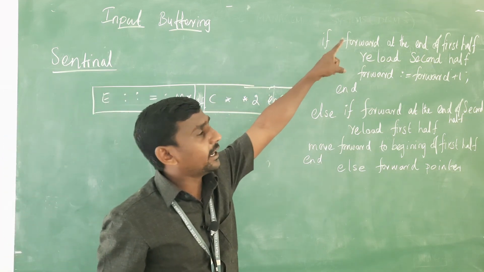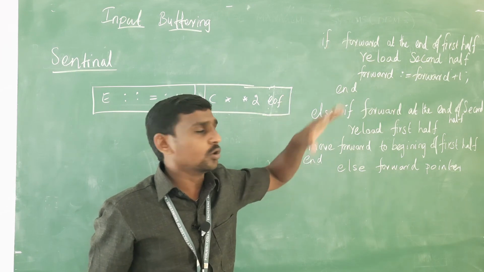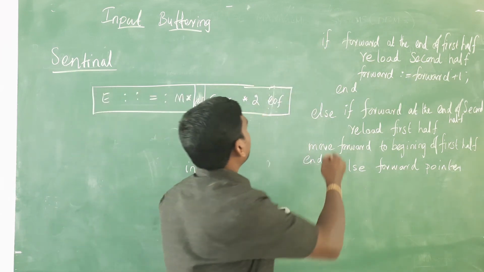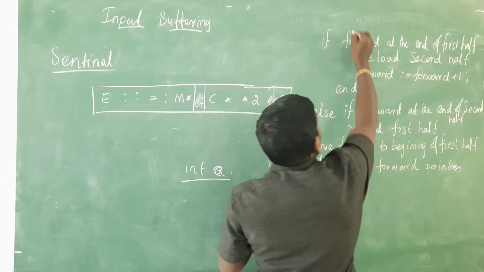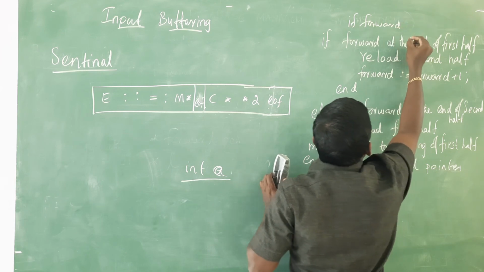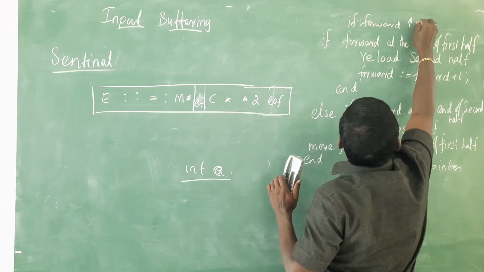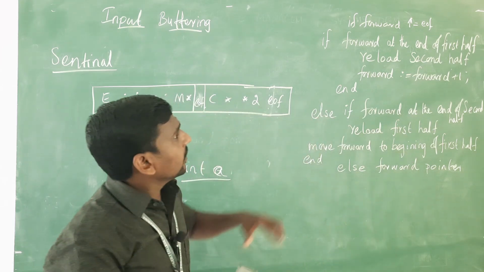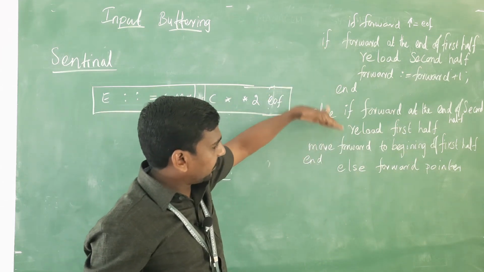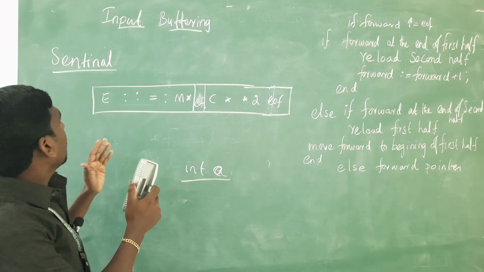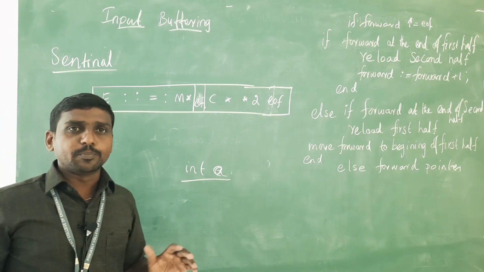Only this one line you have to add, which I have given in the notes: if forward is not at EOF, not at the end of buffer, then the same thing is repeated. Clear? So this is the advantage of using sentinels in the input buffer.